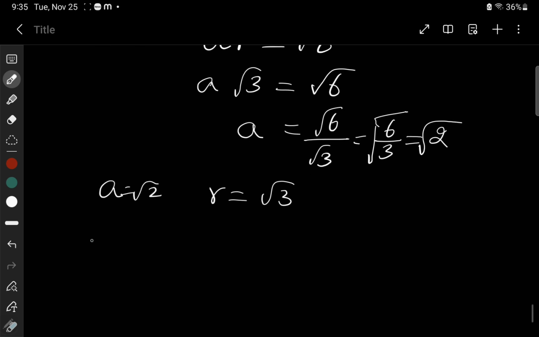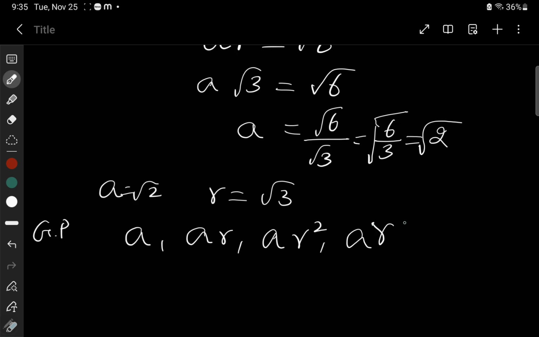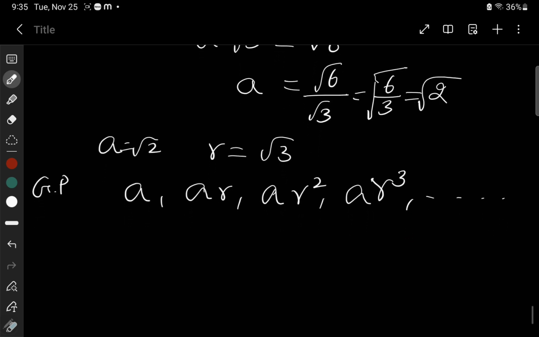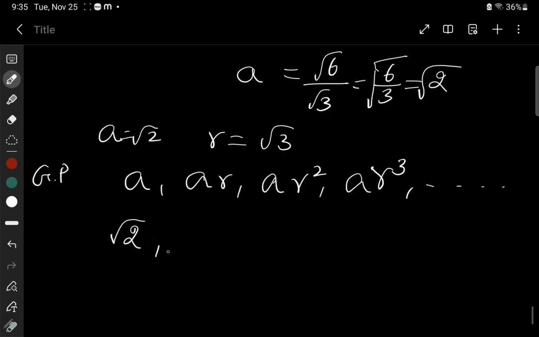Now find the GP sequence. The GP sequence is a, ar, ar square, ar cube, and so on. A is root 2, ar is root 2 into root 3, root 6. Then with that root 6 I multiply this root 3. So I will get root 6 into root 3.